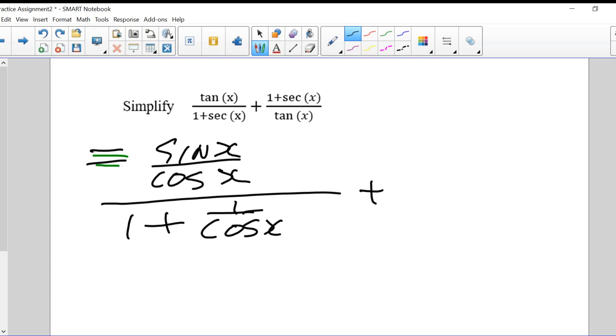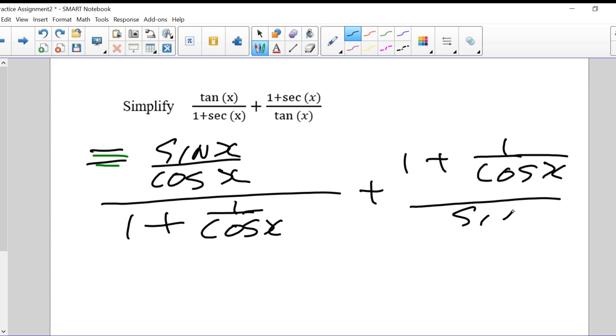I'm going to do the same thing over here. 1 plus 1 over cosine x over sine x over cos x.